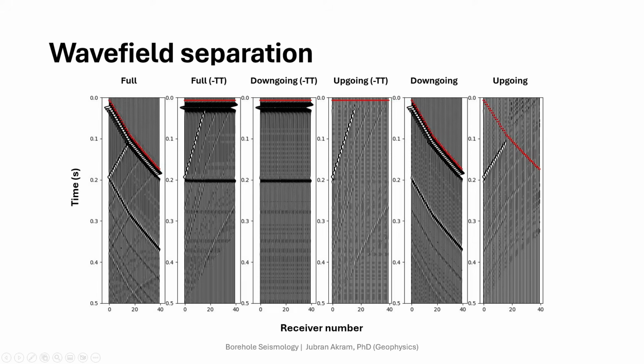Here I'm applying an eigenimage filter, and now we could see the downgoing wave field, which does not show any significant upgoing remnants, and this is the upgoing wave field that we extracted from the combined wave field. And now once we correct the travel time, we get the same moveout as the left panel, for the downgoing wave field and the upgoing wave field.